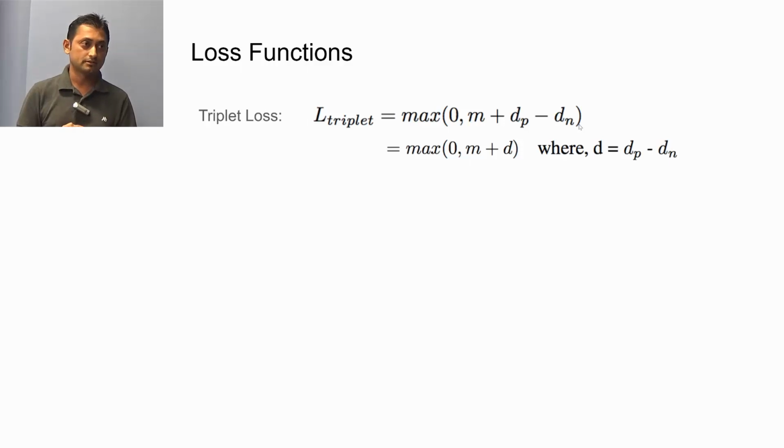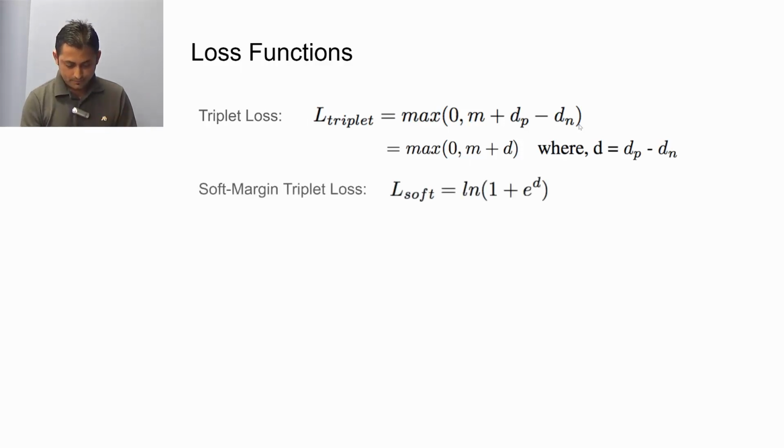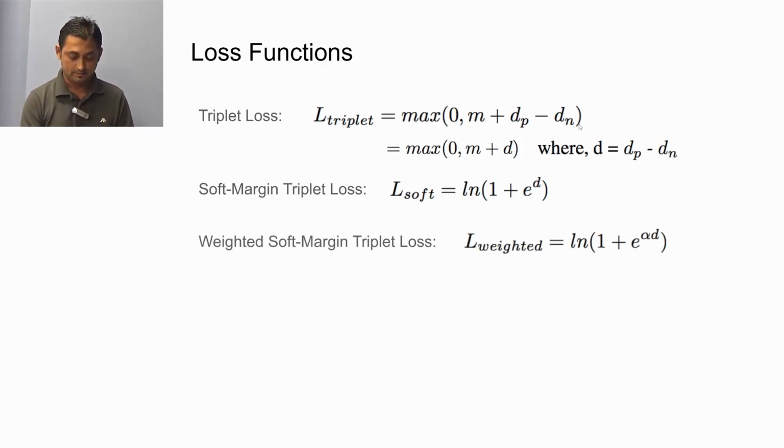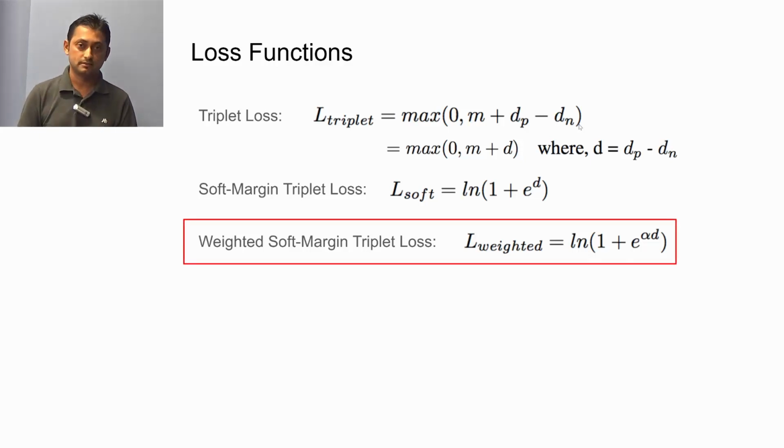The problem with triplet loss is we have to decide the value of the margin m. So there is a better way to do that, which is to use the soft margin triplet loss, where we do not need to define m. And then there is another improved version, the weighted soft margin triplet loss, where alpha is the weight. And we use this weighted soft margin triplet loss in our experiments.